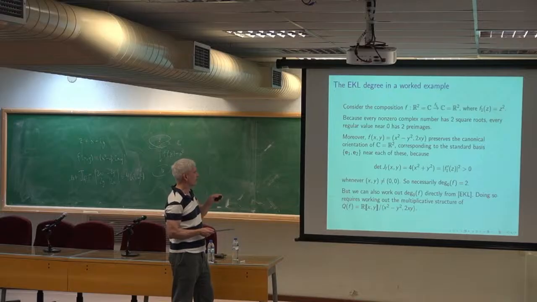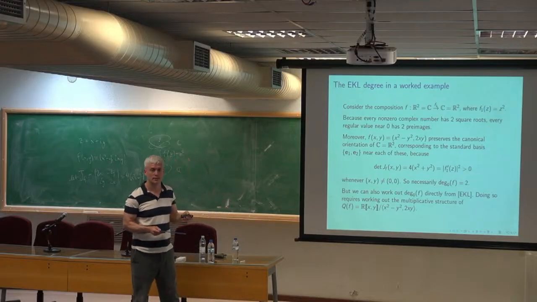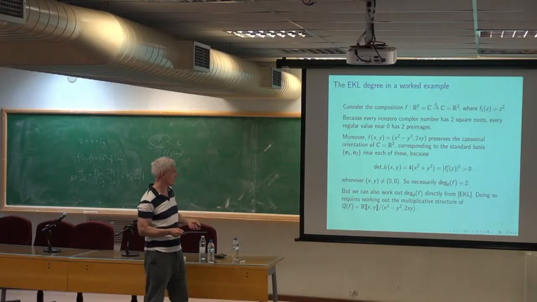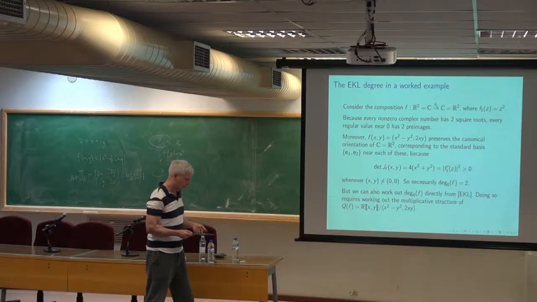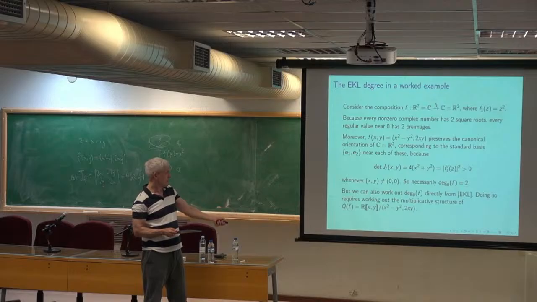So in particular, at every regular value, you have 2 preimages because every non-zero complex number has 2 square roots, and the map is orientation preserving in each of those preimages by the positivity of the Jacobian. So in particular this means that the topological degree of the germ is 2.